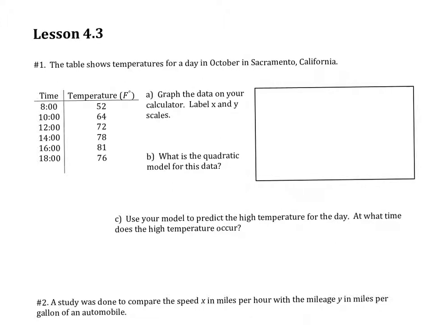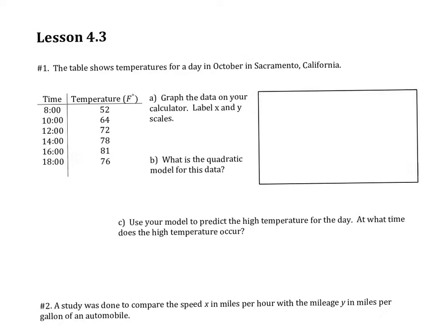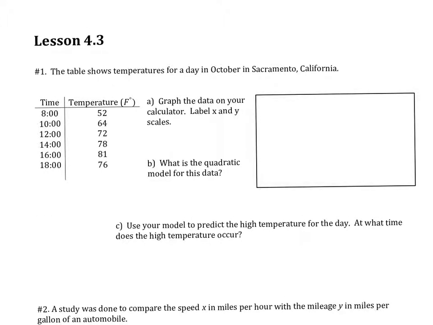We're not doing linear regressions. We're doing quadratic regressions. So your only difference is going to be one button on your calculator that looks like this, not this, right? We're doing the quadratic regression.